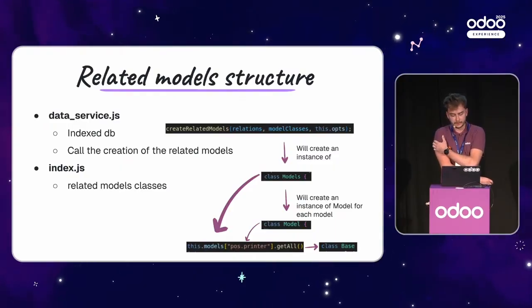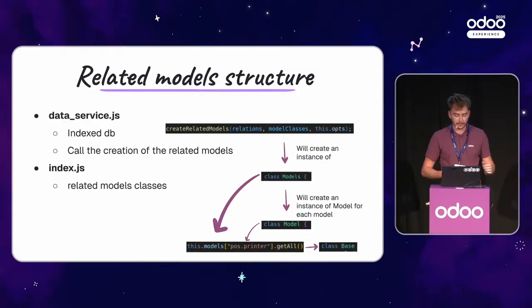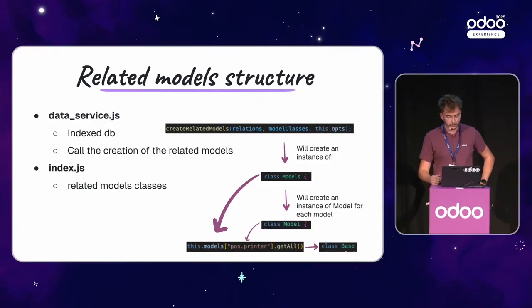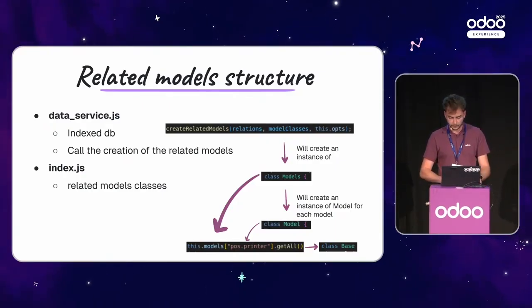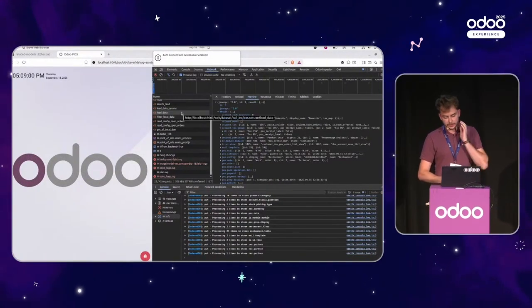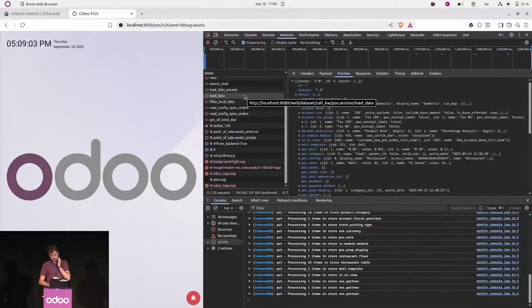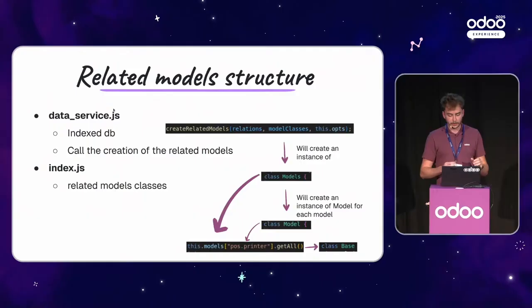We have two files, data service.js, that is a service that acts like it's initiating the related models. It calls the two methods here, data params and load data, to get the information, and then it will create an IndexedDB with all the information.